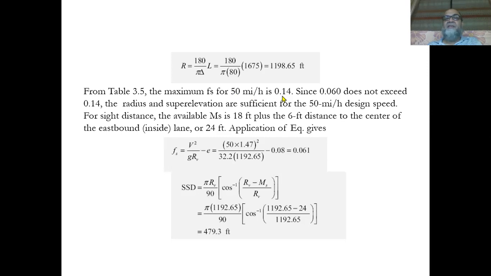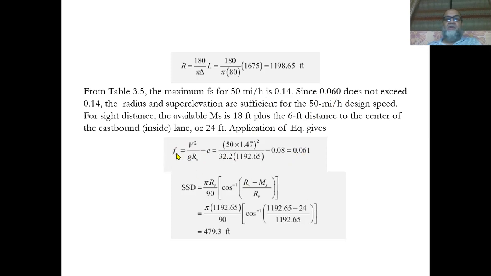We know Fs, so if you just use that super elevation equation that we know before, we can find Fs that was required, and Fs that was provided. Right? So this means that the provided Fs was greater than the required Fs, so that curve radius was adequate.